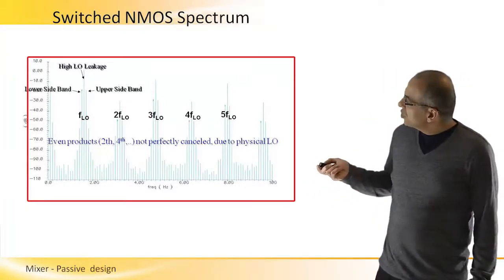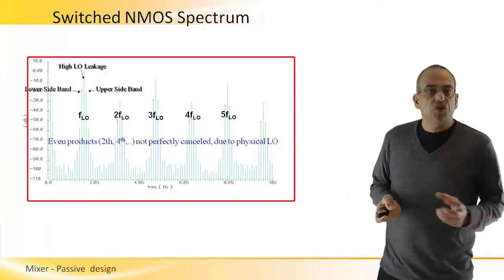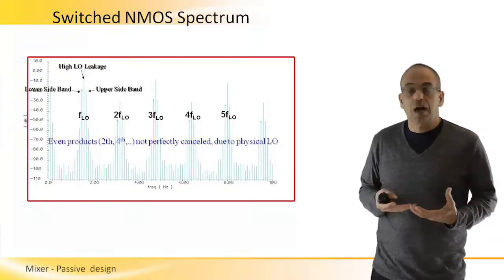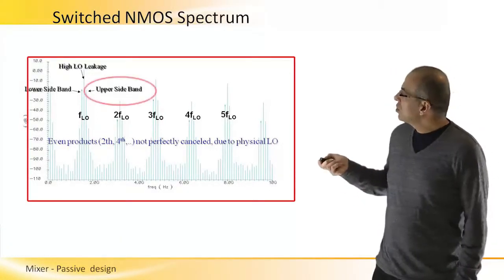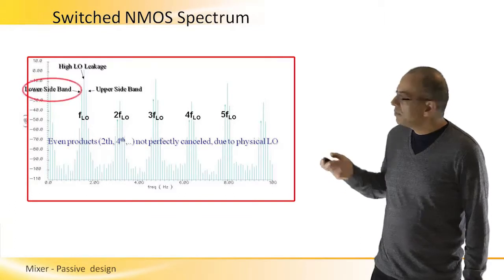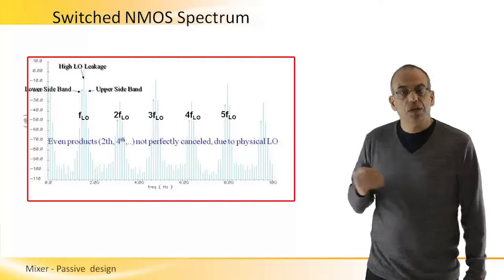When we do the conversion, we take a low frequency signal and multiply it, or switch it, with a high frequency LO. So we get the sum of these frequencies, and the difference between the input and the LO.